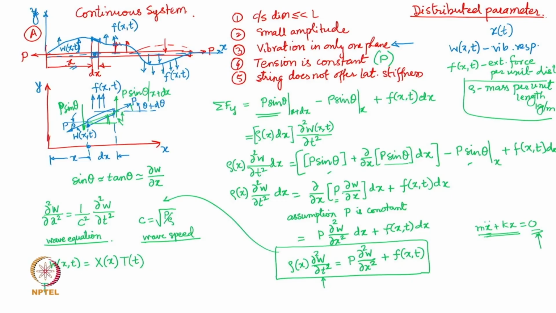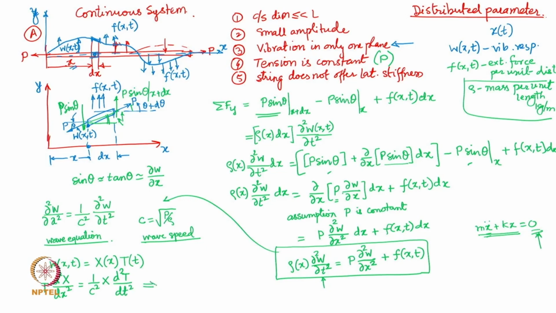I get the left hand side to be capital T times the derivative of X. I will drop the argument here, and because T is only a function of time, the partial derivative now turns to an ordinary derivative. So d²X/dx² is equal to 1 over c² times X d²T/dt².